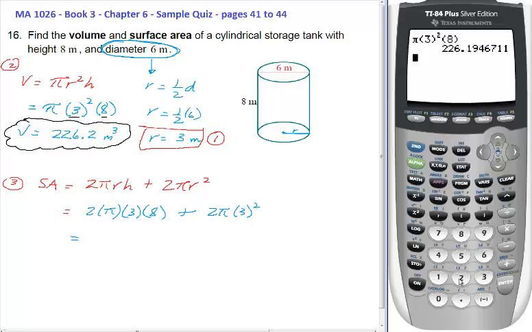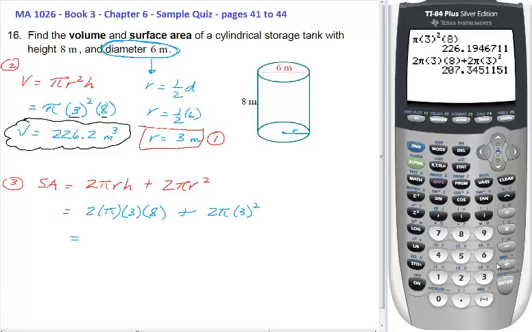So I'm going right to my calculator. 2 second, bring up pi, times 3 times 8, and then plus, okay, 2 pi and then 3 squared, close the bracket.